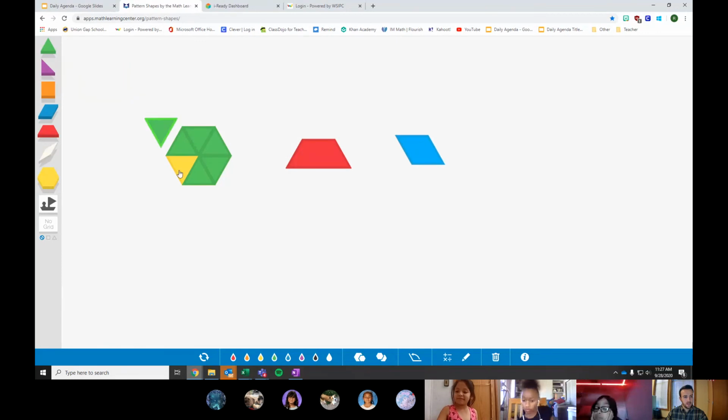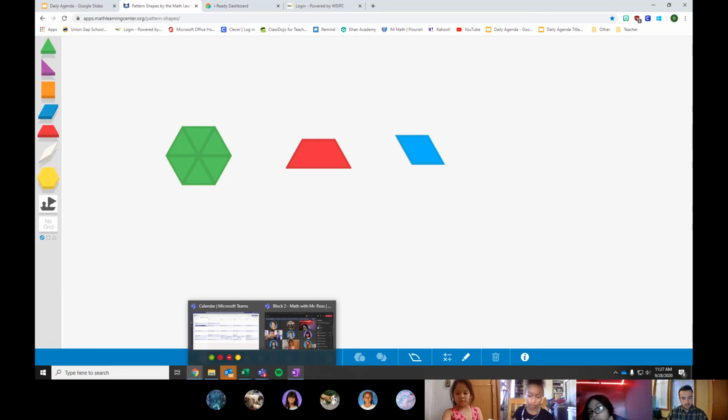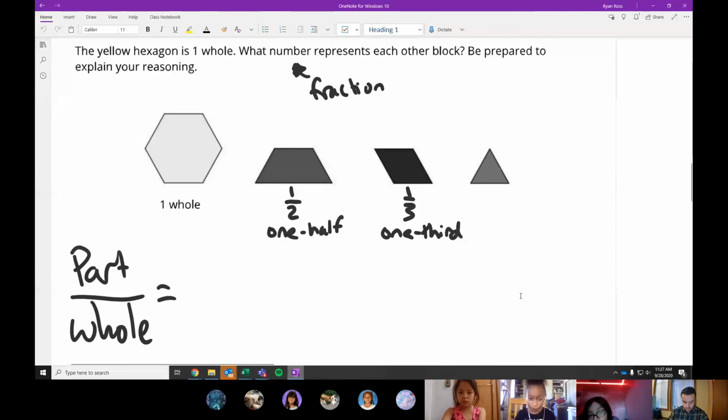Let me get this last one flip just right. There we go. Yep, so 6 total triangles would make the entire area of 1 hexagon. Elizabeth, do you want to help me write this out as a fraction? How many parts are there if I'm only looking at 1? 1, 6.